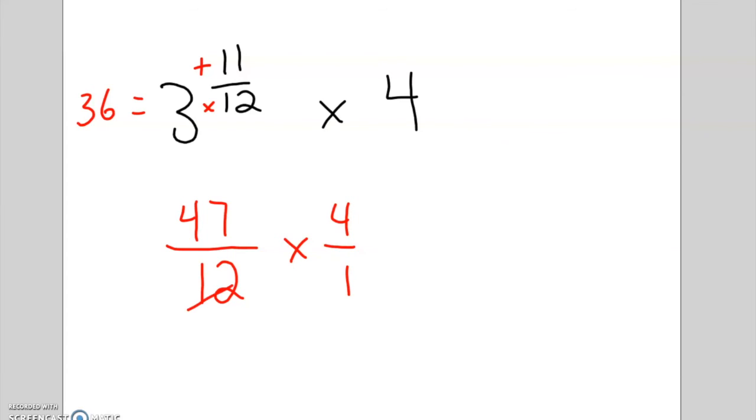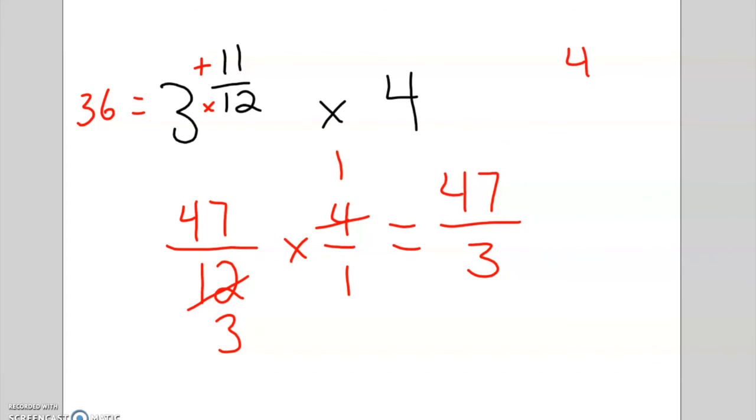Oh. Yeah, if you simplify, it makes it a lot easier, doesn't it? How many 4s fit into 4? 1. How many 4s fit into 12? 3. Multiply across, 47 over 3. Okay, so 47 divided by 3 is 1. 1, bring down the 7.